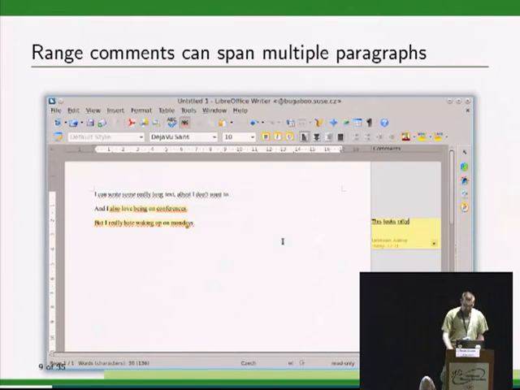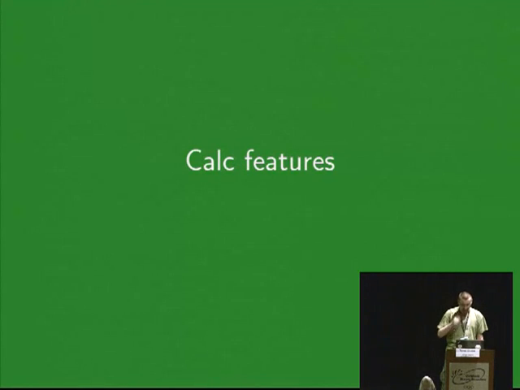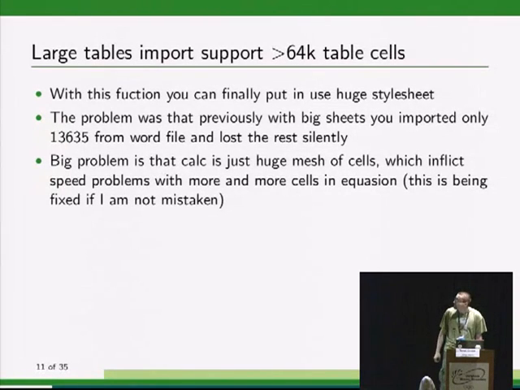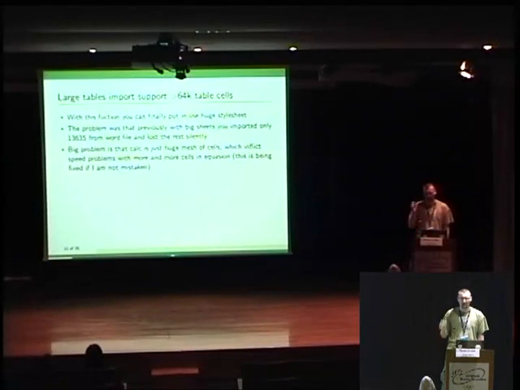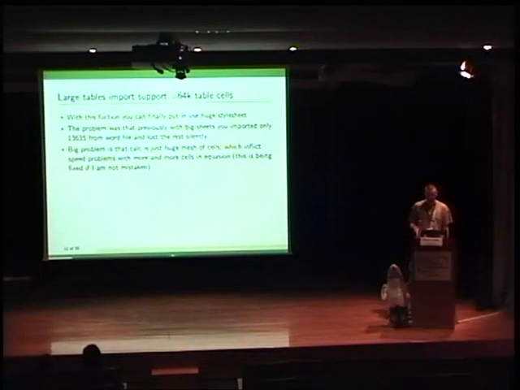So that's what we have for the Writer, and now let's focus on Calc, which I like the most from the suite. The first feature is not exactly visible, but it's really useful when you work with a lot of statistical data. You can import large tables, with more than 64 thousand cells, in both ways, per lines or per columns.